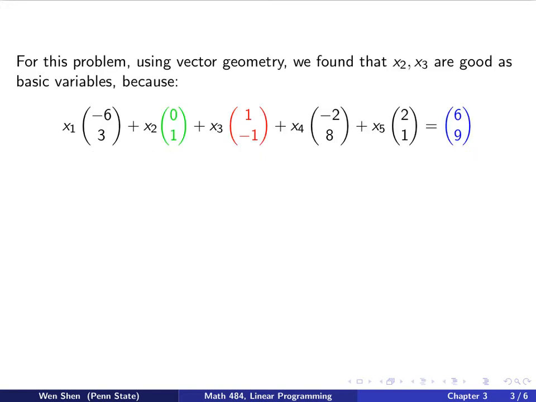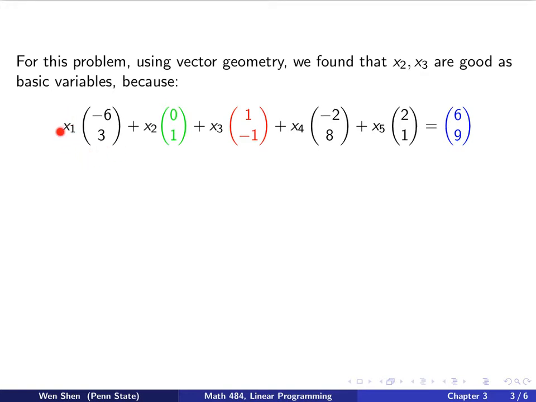Let's recall one technique we have learned along the way, that is the geometric interpretation. Why can we use that? It's because this problem has only two constraints, so we can rewrite it using vector notation, same as the previous example we have done.